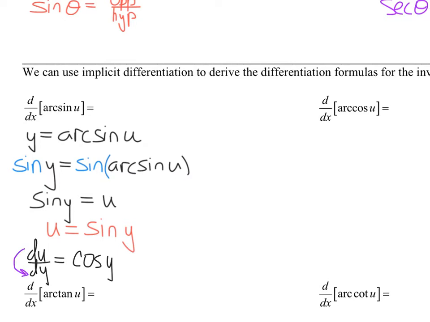I'm going to flip the du dy, and I think when we were talking about logs, natural log, when we were coming up with that rule, we were talking about the idea that that's a legal move. If you flip one side of the proportion, that's okay as long as you flip the other side too. So we're looking at dy du equals 1 over cosine y.